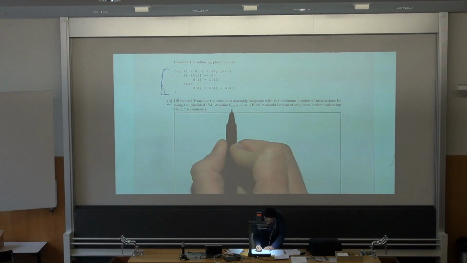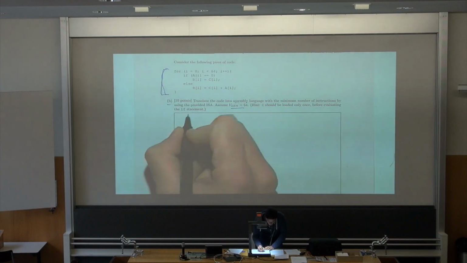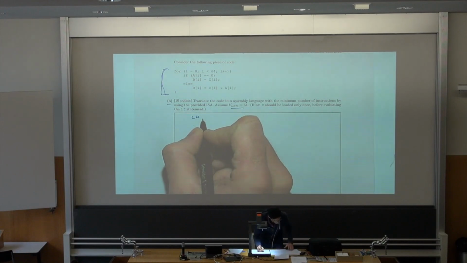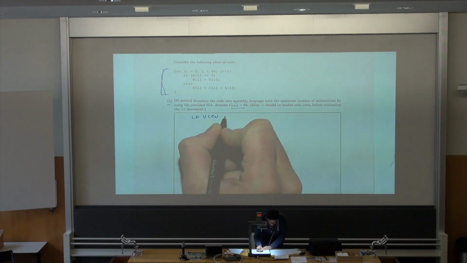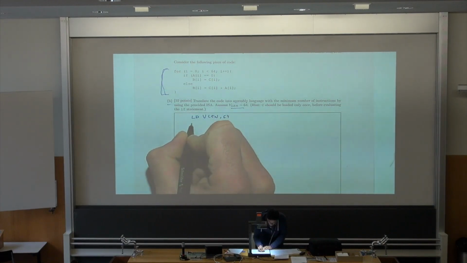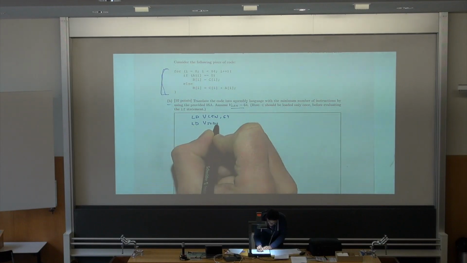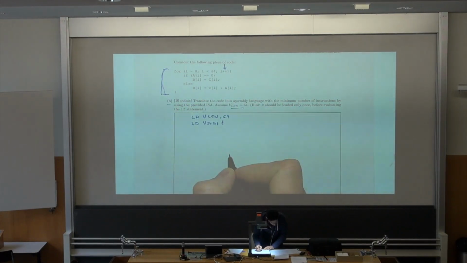Observe that the vector length is 64, so the very first thing that we are going to do is loading the vector length, VLength 64. Next thing to do is loading the stride, that is 1, as you can see in the code.